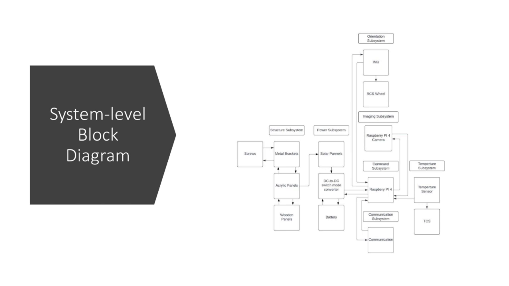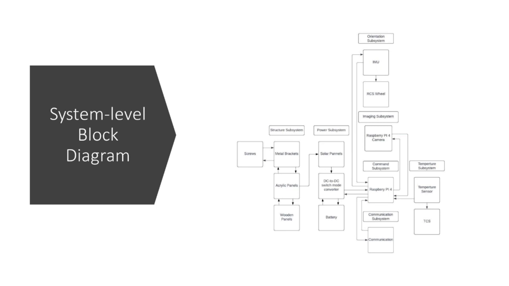The orientation subsystem will use an onboard IMU and reaction wheel to help the CubeSat orient itself towards a target. The imaging subsystem uses an onboard camera to take pictures of the forest fire.